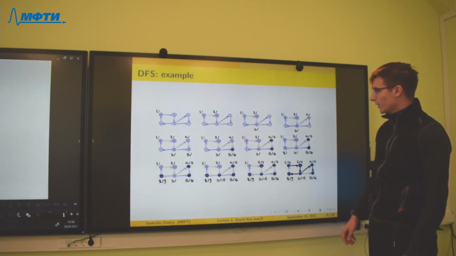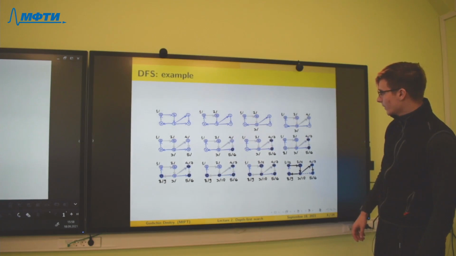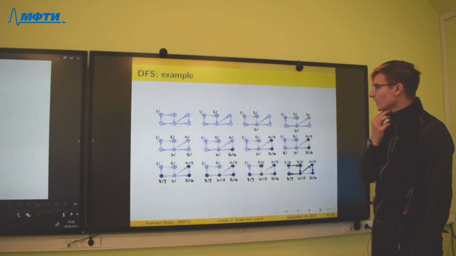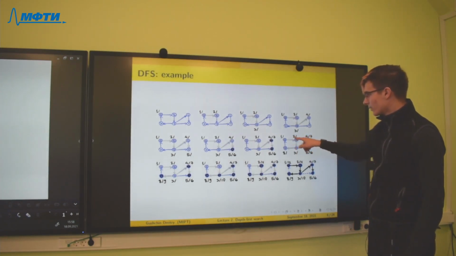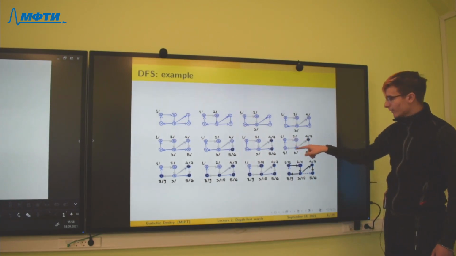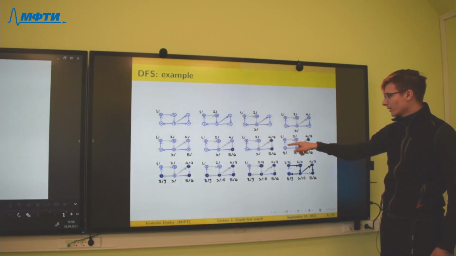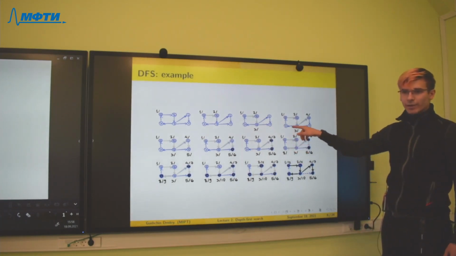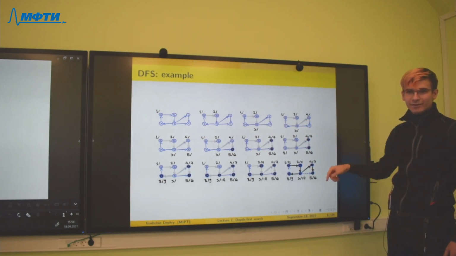If we have not stored this information, as you can see, we can cycle our algorithm, because we go to the D vertex and then say, okay, it has adjacent vertex A, and we go to A. And then we have an infinite cycle in our algorithm.